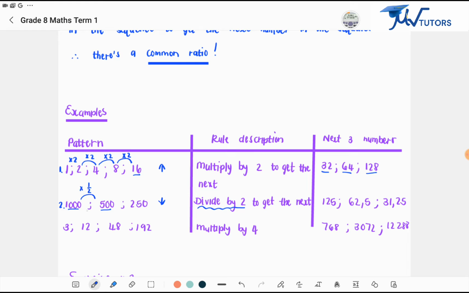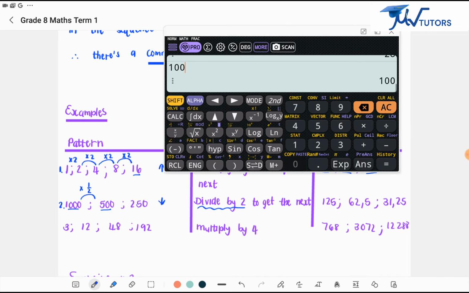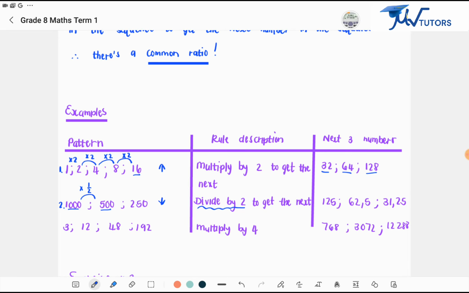Because we went from 1,000 to 500. So if you take 1,000 and you multiply by a half, you will get 500. And if you take 500 and multiply it by a half, you will get 250. Okay, so basically I would say multiply by a half to get to the next term.